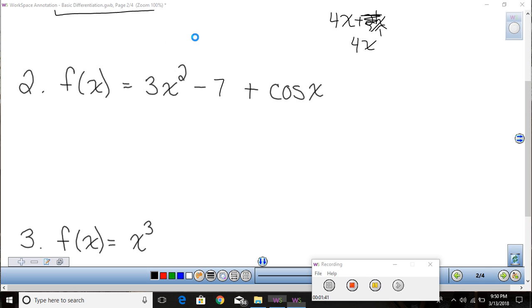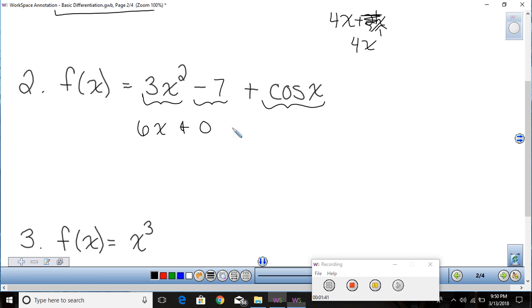Alright, so I have something minus something plus something. So we do all three of these separately. So you've got 3x squared. So I'm going to pull the 2 down. So I have 3 times 2 is 6. X to the 2 minus 1, which is just 1. And then this is just going to drop off the face of the planet because it's going to be 0.